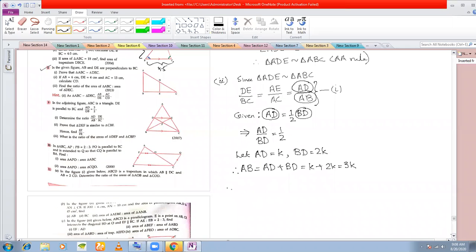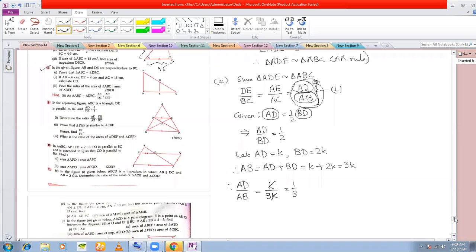Therefore, what is AD by AB? AD is K and AB is 3K. It cancels. You get 1/3. Okay. So I've got this ratio AD by AB.